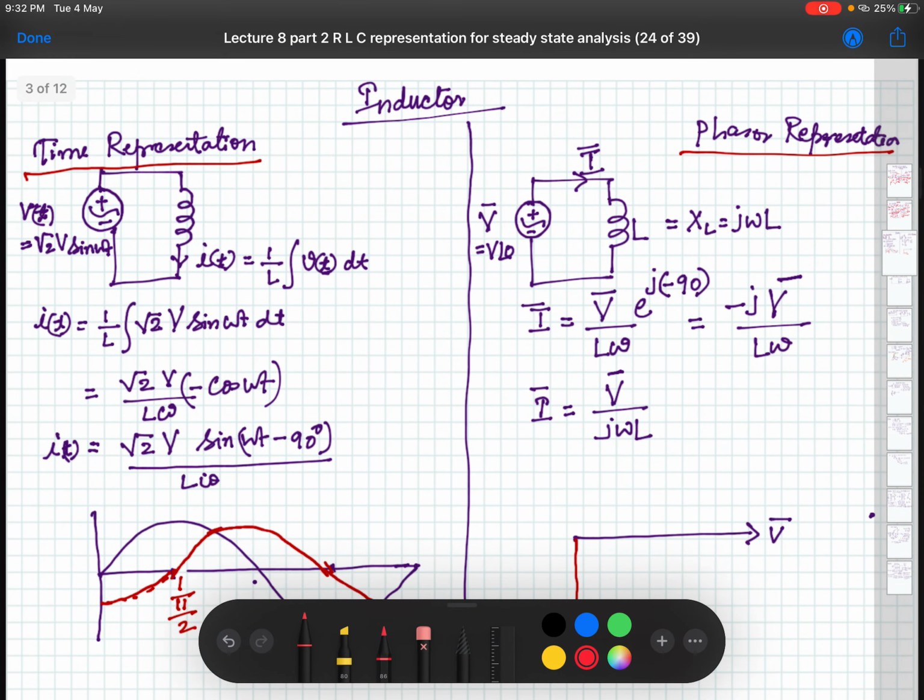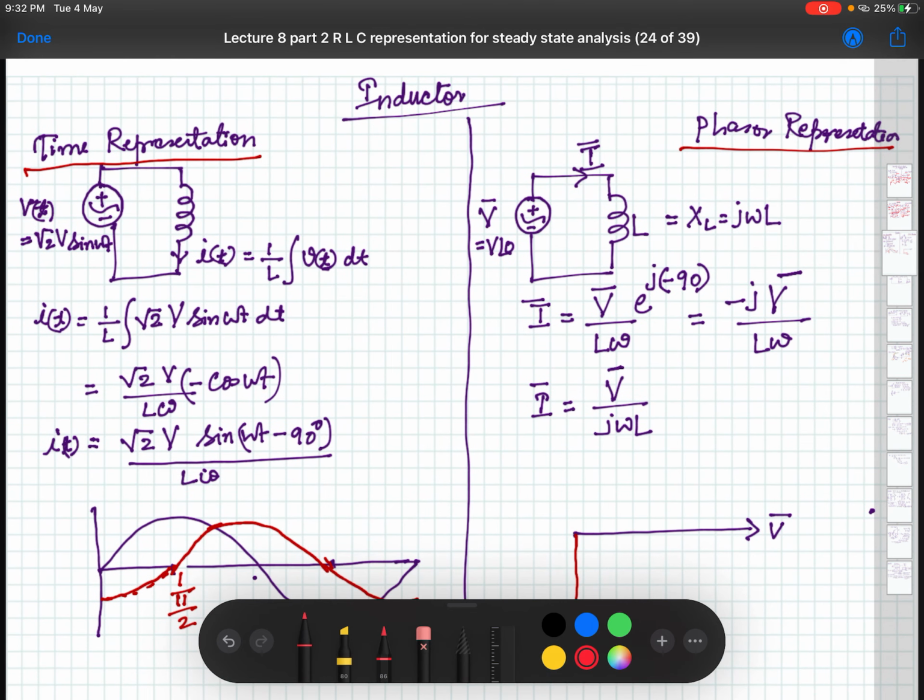Now let us see the phasor representation of an inductor. Here also, we are applying the same style as what we did for the capacitor. This is root 2 V sine omega t, the voltage, and then we are trying to calculate the value of IT using this relationship, and this is what we get.